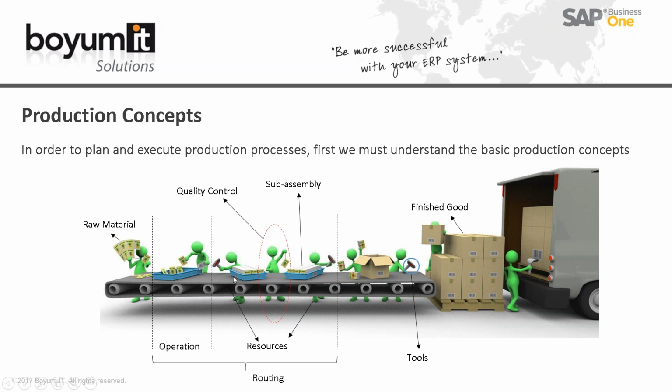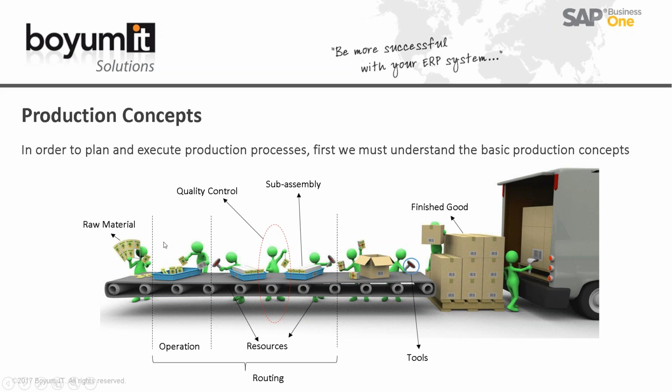That is the part where first we fill the bottle with the water. Then we make the next step, that is going to be to label the bottle, and then we just put it into boxes, for example, and then we just deliver. Okay, so that kind of workstations are what we call resources.